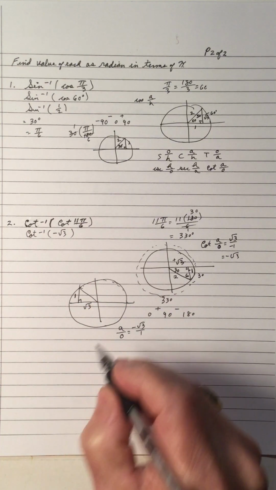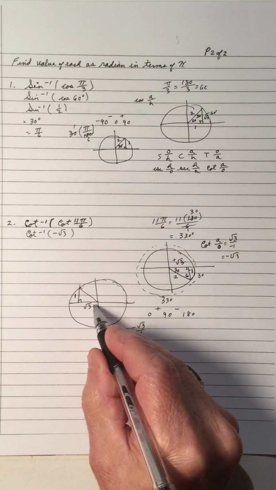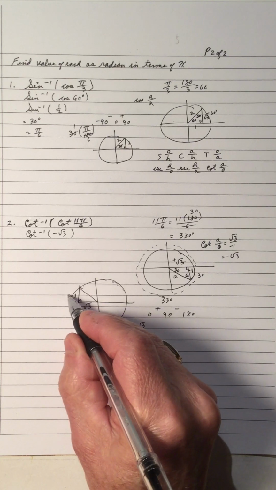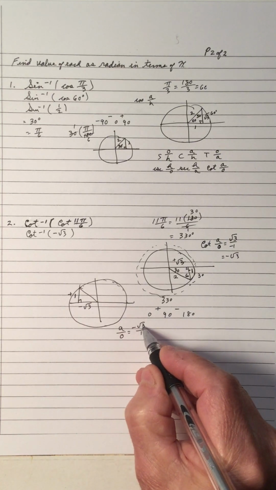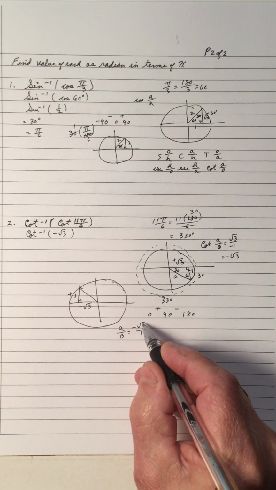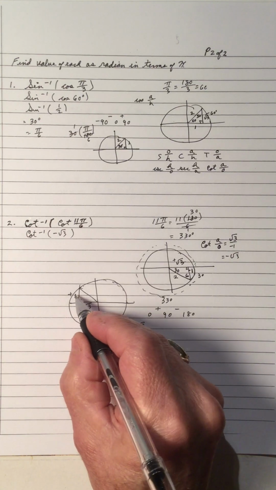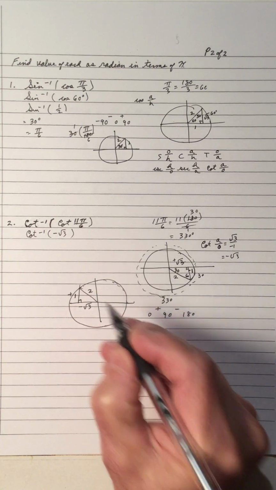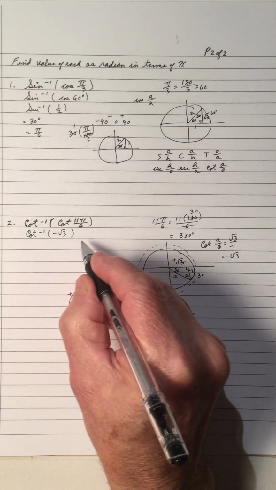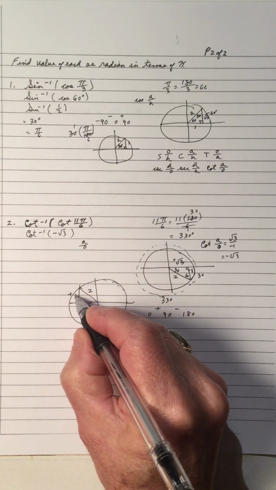Now, even though this is negative, it might not necessarily be negative in this quadrant. Let's say this is the x, which is negative, and this is positive, so this number is negative, but it could be reversed. A fraction is negative by either the numerator or denominator being negative. So that's a 1, root 3, and that's a 2. Cot is adjacent over opposite, so the adjacent over the opposite is root 3 over 1.